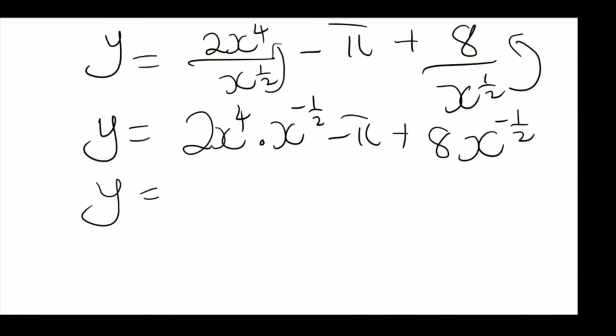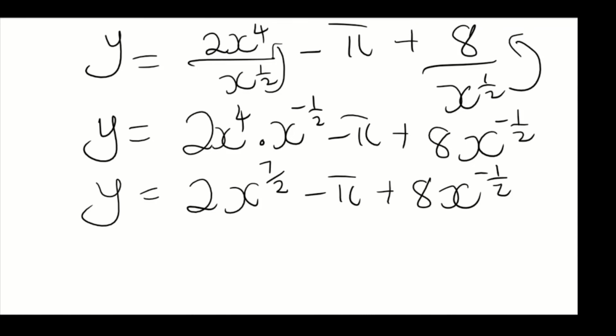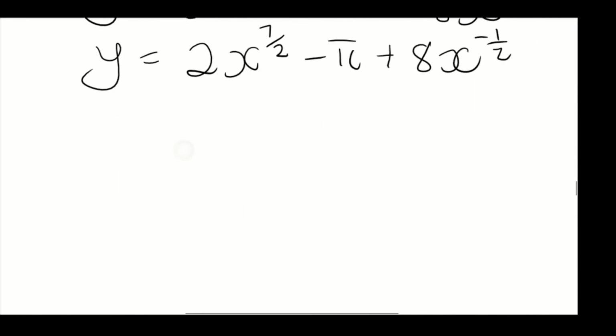So it's going to be y is equal to 2x to the power of 4 minus 1 over 2, which is going to give you 7 over 2, minus pi plus 8x to the power of minus 1 over 2. Then from here onwards we're going to derive.